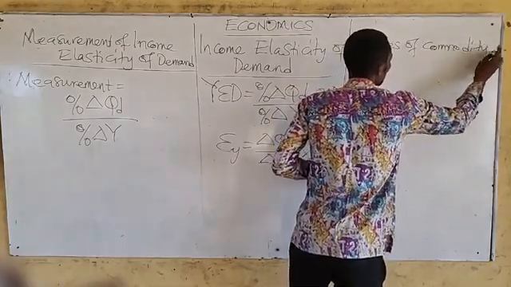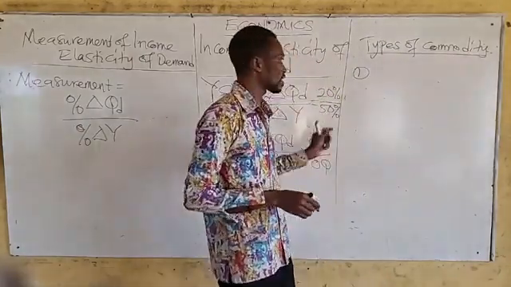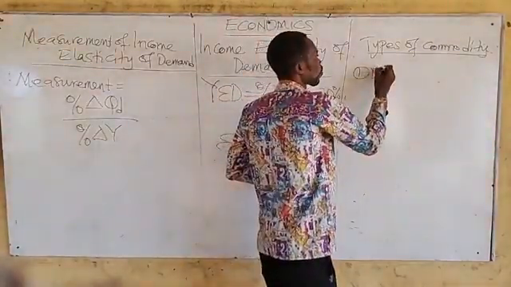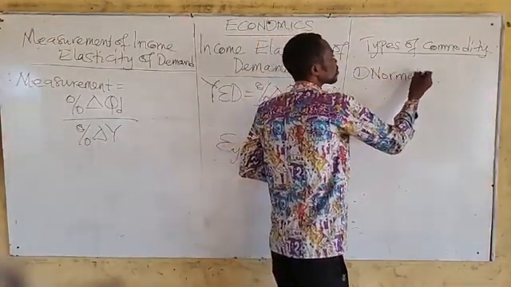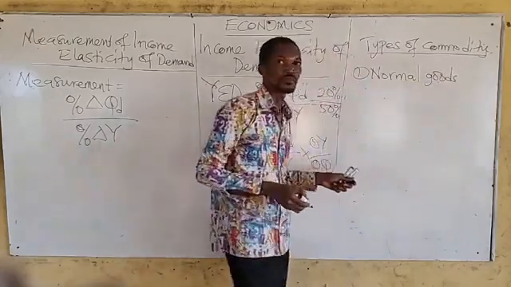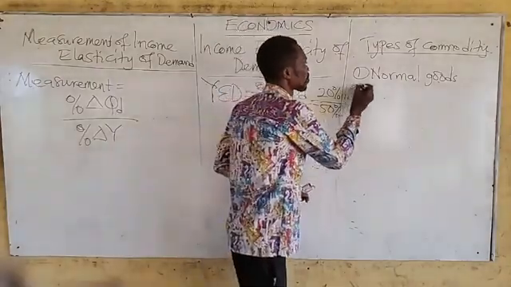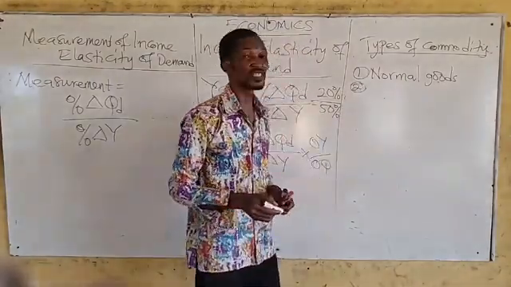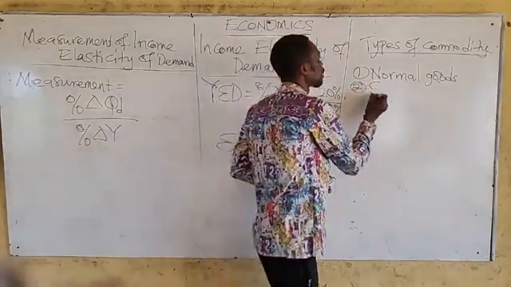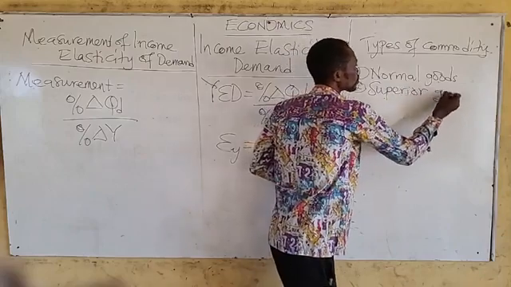So one, income elasticity will reveal a certain type of commodity we call normal commodity, normal goods. I'm going to illustrate that to you. Another type of commodity income elasticity can reveal to you is what we call superior commodities, superior goods.